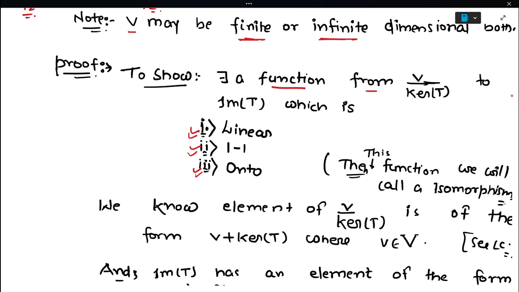If these three conditions hold for any function, then we say that function is an isomorphism.